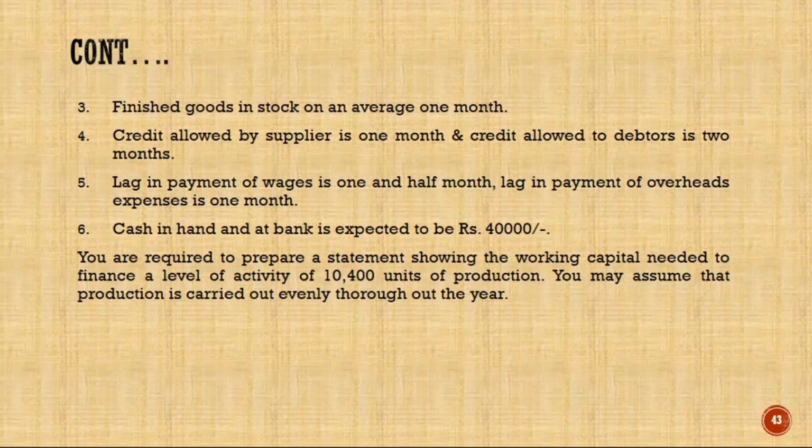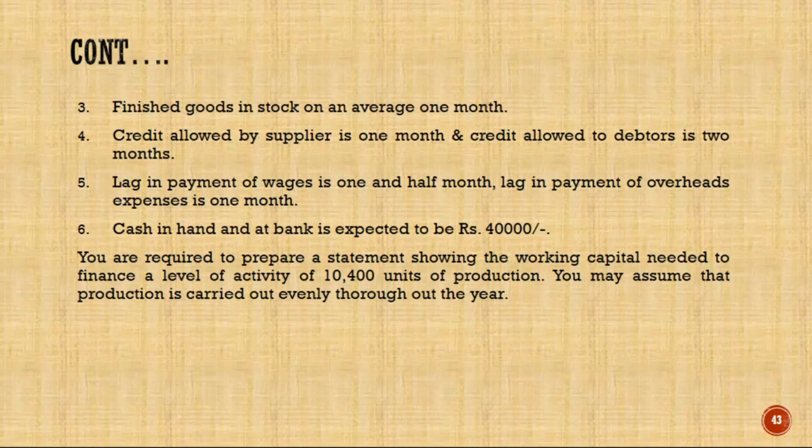Next is credit allowed by supplier is 1 month. That is nothing but creditors requirement. And credit allowed to debtors is 2 months. This is debtors requirement. Next is lag in payment of wages is 1.5 months. Lag in payment of overhead expenses is 1 month.